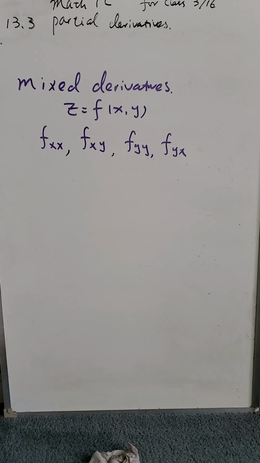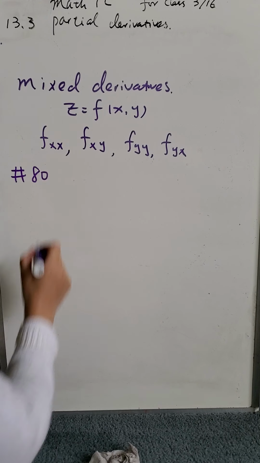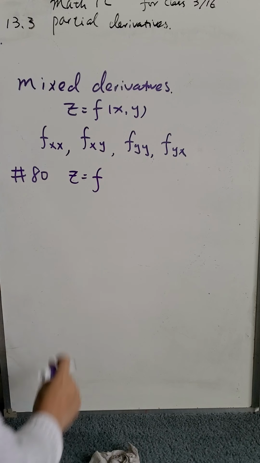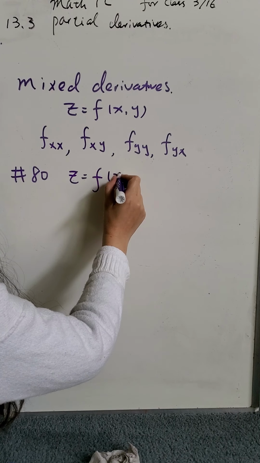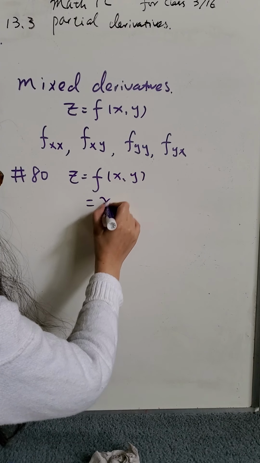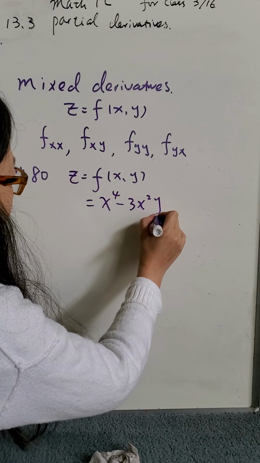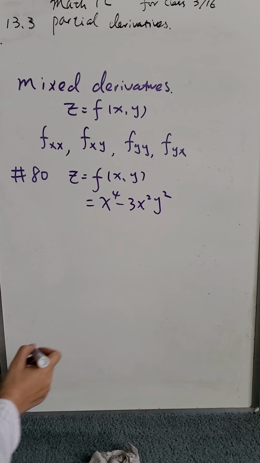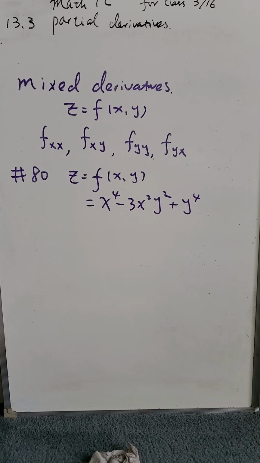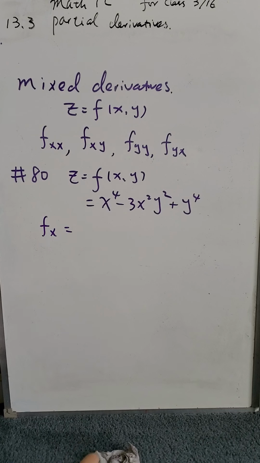Here's problem number 18. We are given a function g is equal to f of xy, and that's equal to x to the fourth subtract 3x squared y squared and plus y to the fourth. Here's the function, okay? Now we're gonna go fx first.